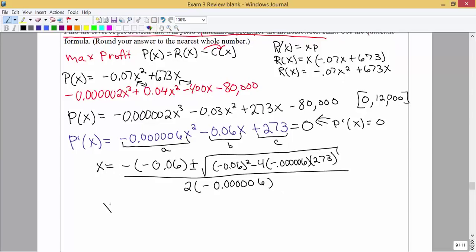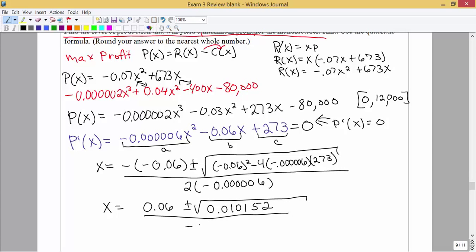Alright, we put all of that in our calculator, and I'm going to give us a little bit of a simplified form here. So underneath the square root, once you put all that in, you square the first term and then subtract 4ac from that. You should end up with 0.010152. And then we multiply those values together. We get negative 0.123, 4 zeros now after the decimal, and 12.